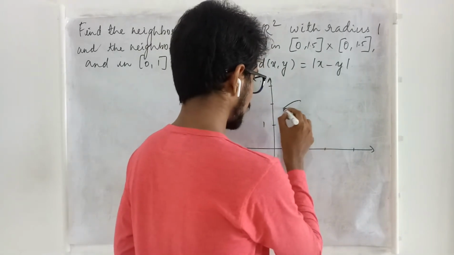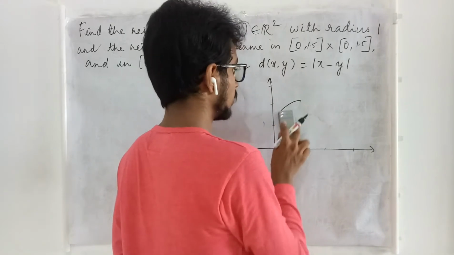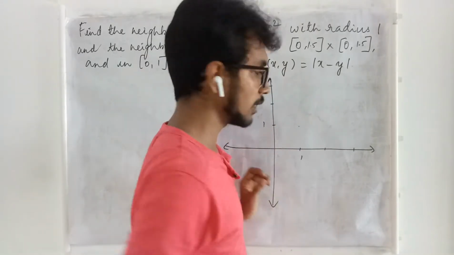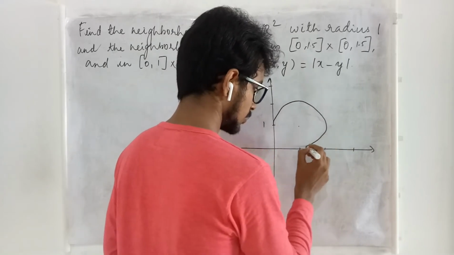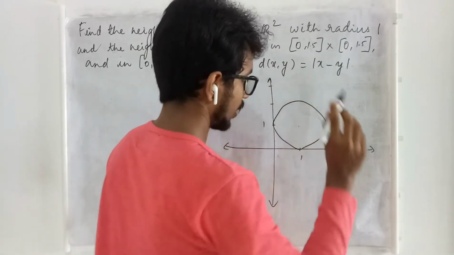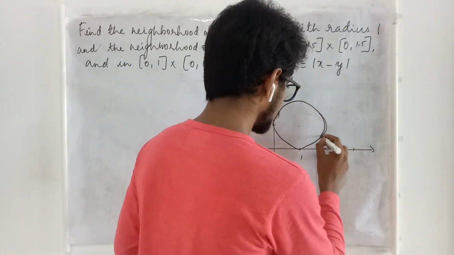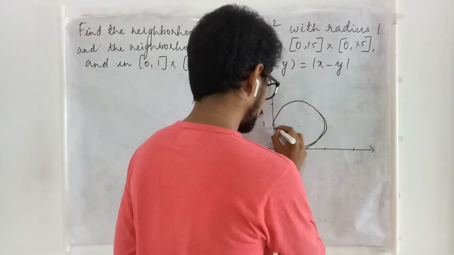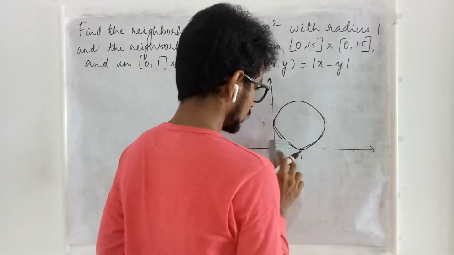So I will have a circle, because the metric is the standard Euclidean metric. I am just going to get a circle of radius 1. Excuse me for the bad diagram. So this is what I am getting, right?